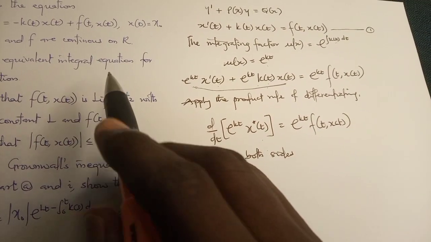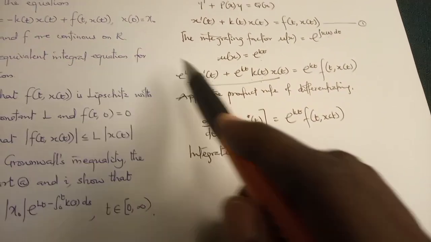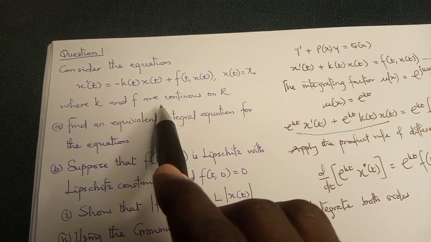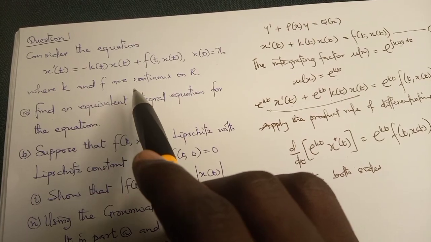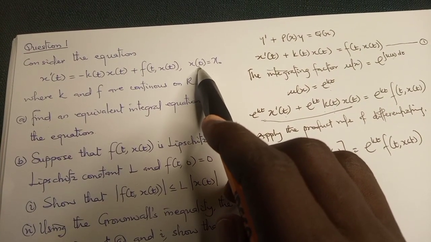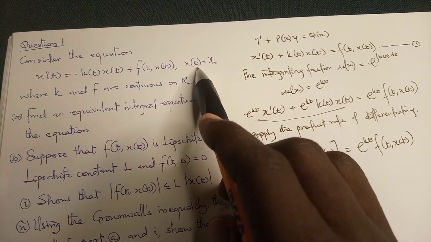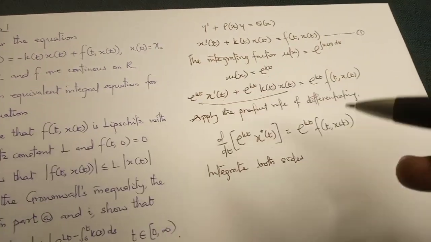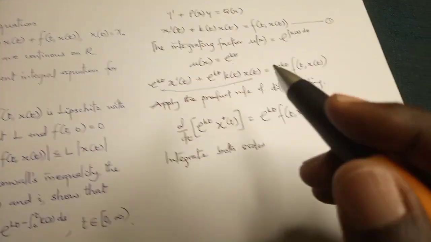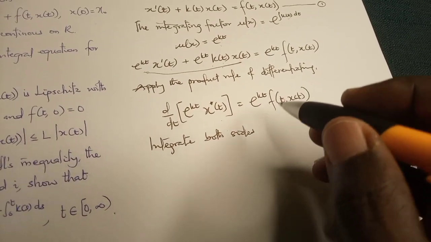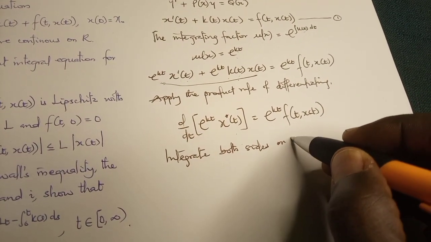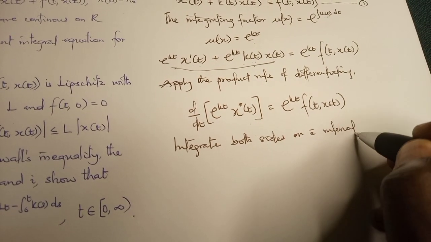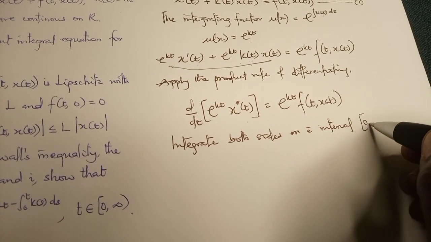Since k and f are continuous, the equation is continuous. So we use the initial value given to us to create the limit. We integrate both sides on the interval 0 to t.